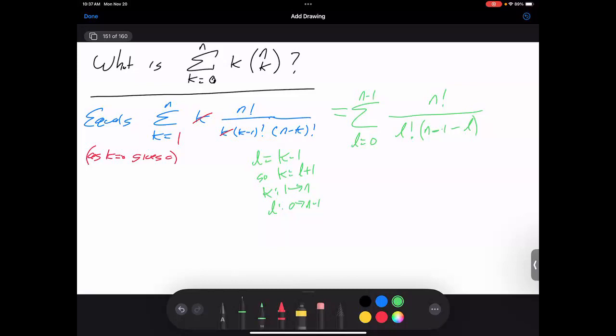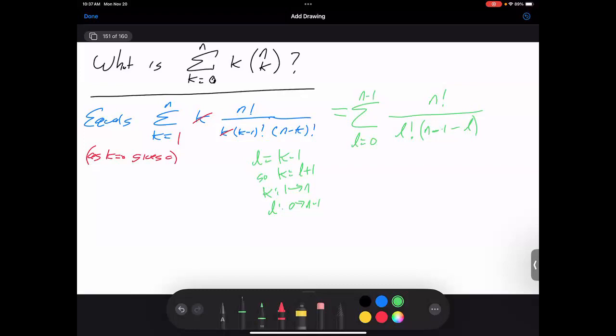What do I need to do to make this a binomial coefficient? But I have the minus 1 in the denominator. So is there any way to adjust the numerator, the n factorial?